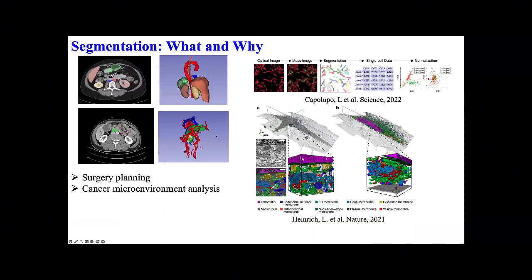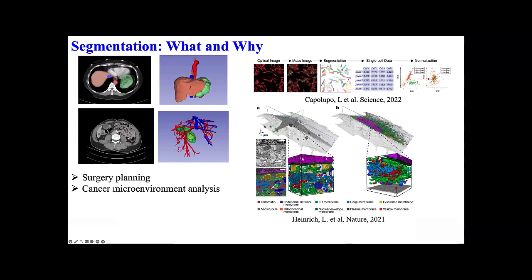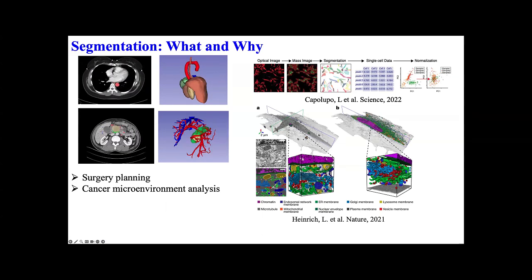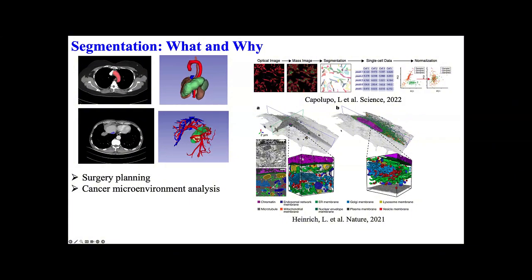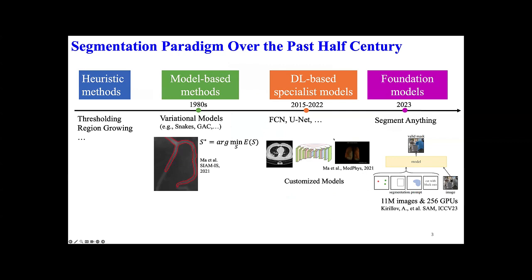Segmentation plays an important role in various clinical and biological applications, such as surgery planning in CT scans and cancer microenvironment analysis with microscopic images. Actually, segmentation is not a new task. It has a long history of half a century. We have seen three major paradigm shifts, from heuristic methods like thresholding and region growing, to model-based methods in the 1980s, such as variational models.